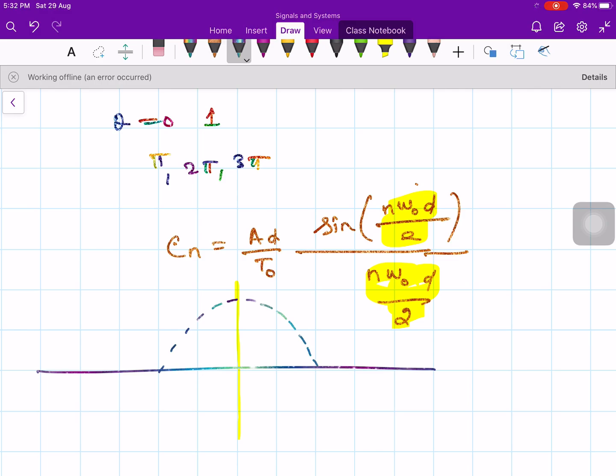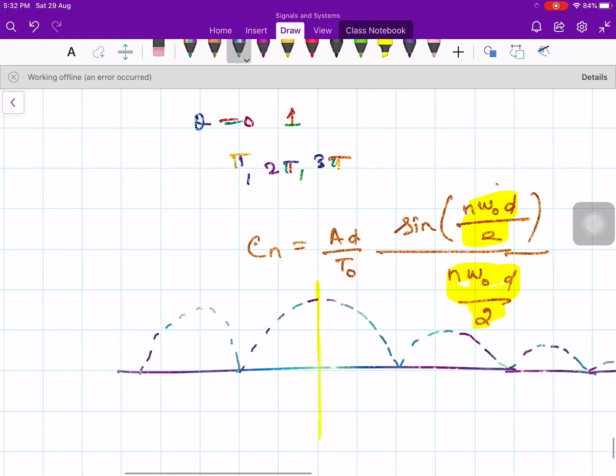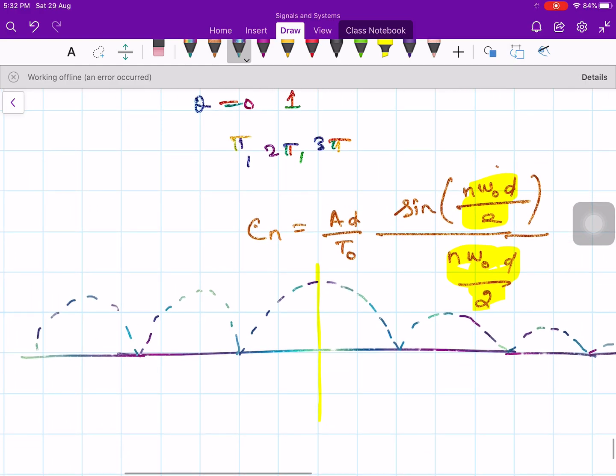Like this, then it's a power spectrum, right? It keeps on reducing, and here also like that. So this is the envelope of the spectrum, let's say mod Cn.